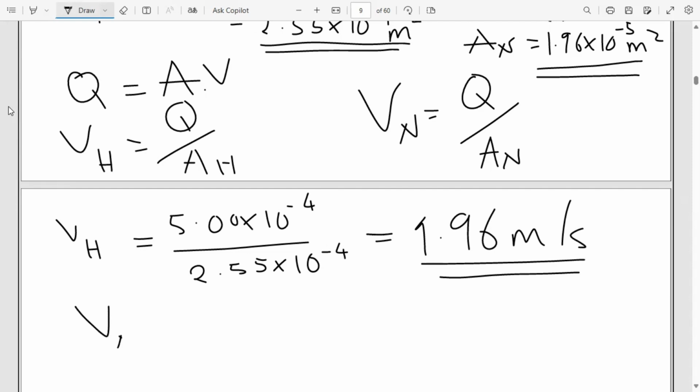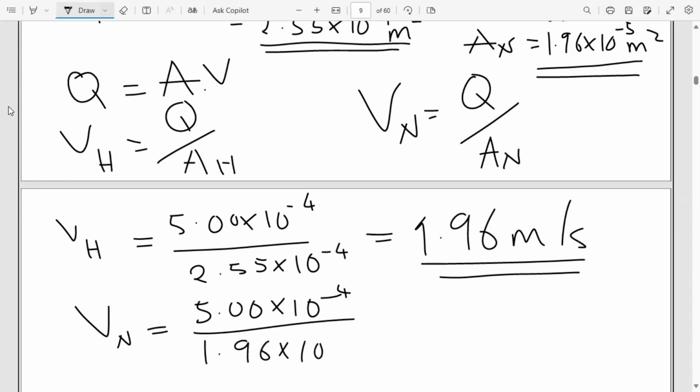Whilst the velocity in the nozzle will be equal to Q again, 5.00 times 10 to the power minus 4 divided by 1.96 times 10 to the power minus 5, like this. And this is equal to 25.5 meters per second.